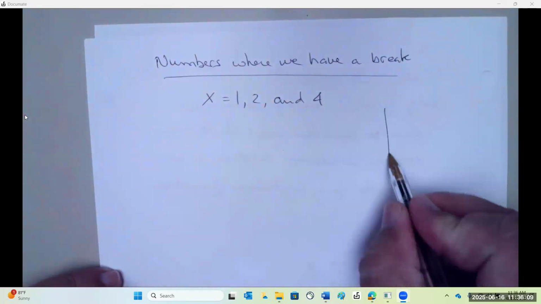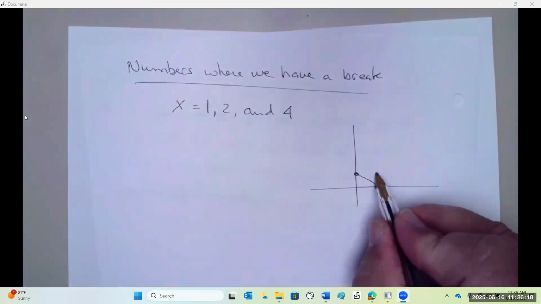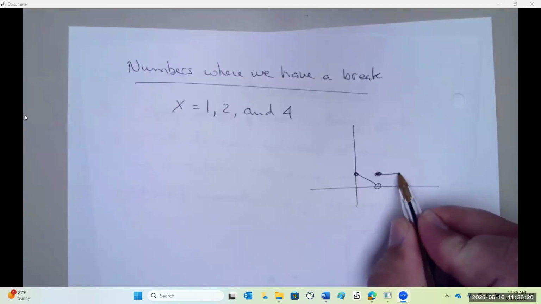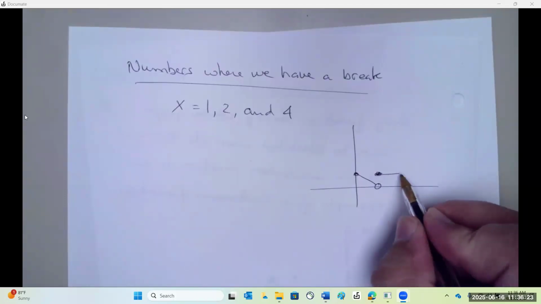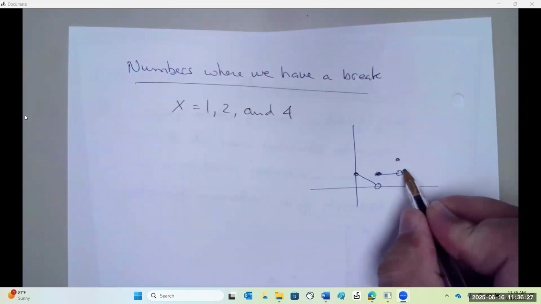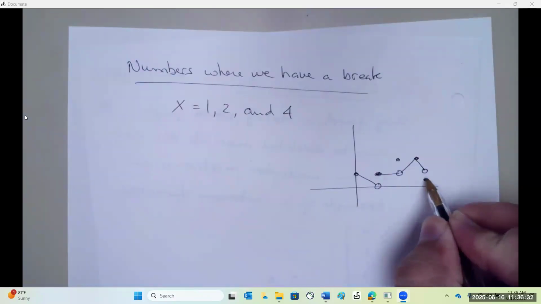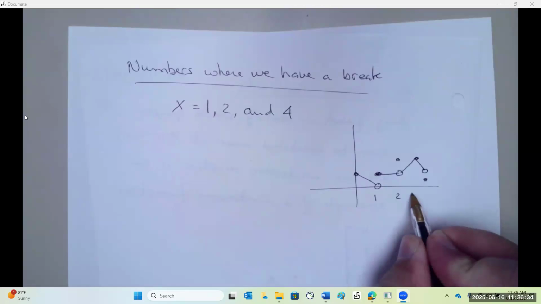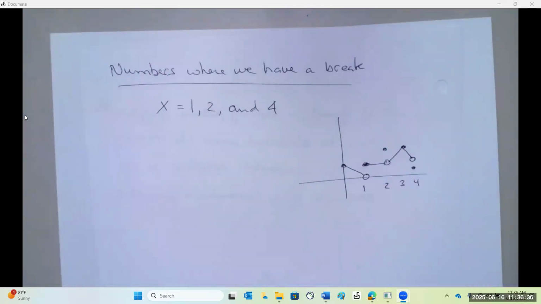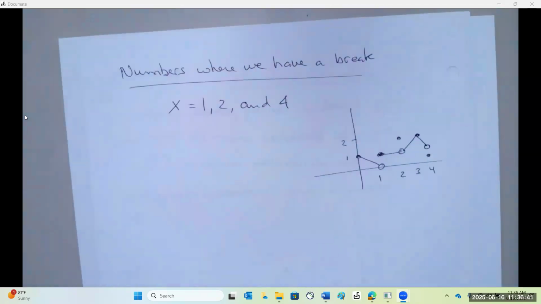The graph here again. That's what the graph looks like.